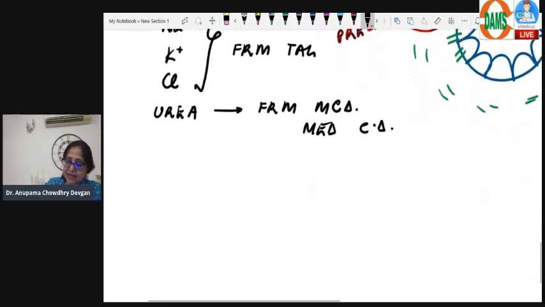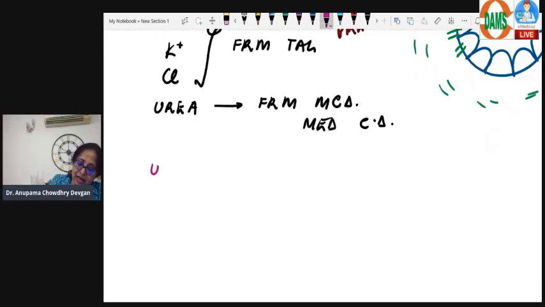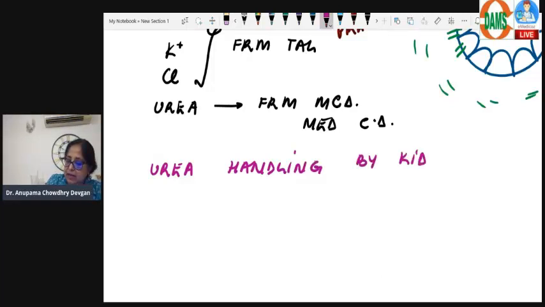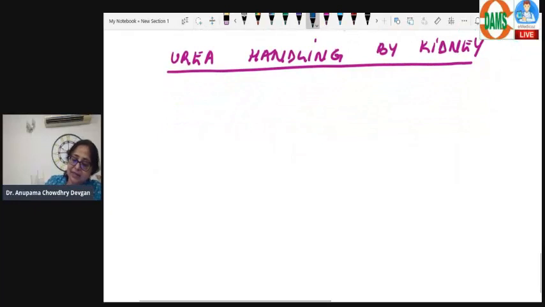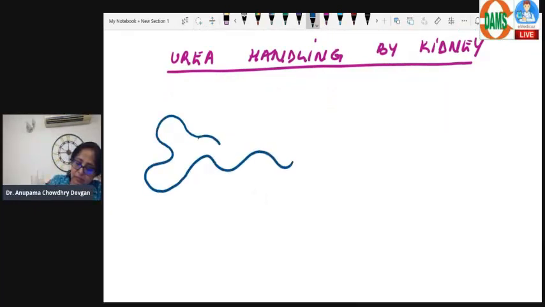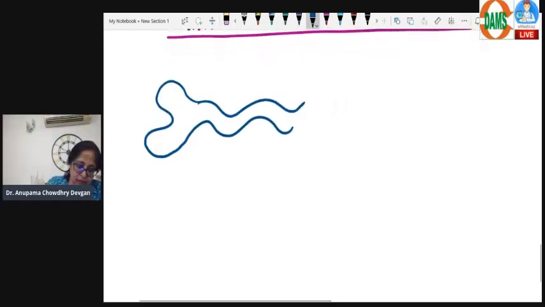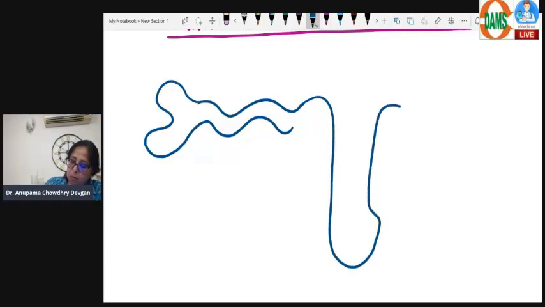Now let us see how the urea handling by the kidney takes place.